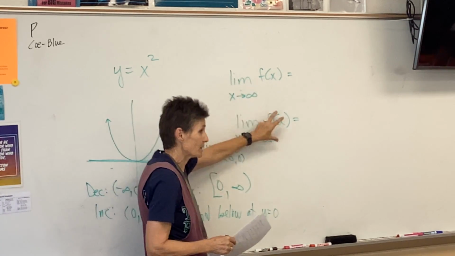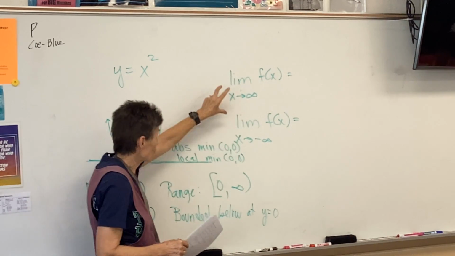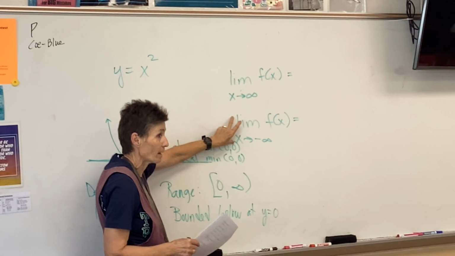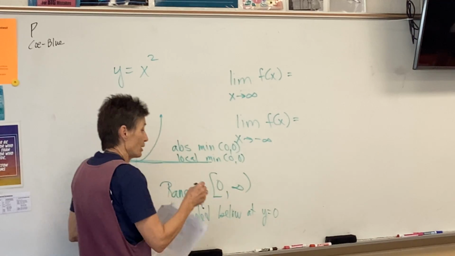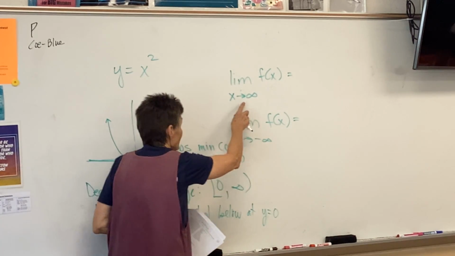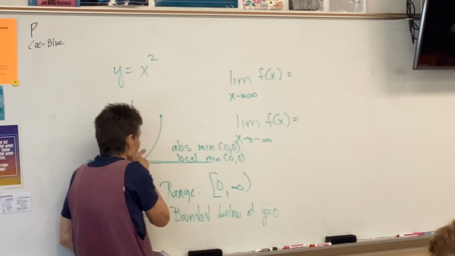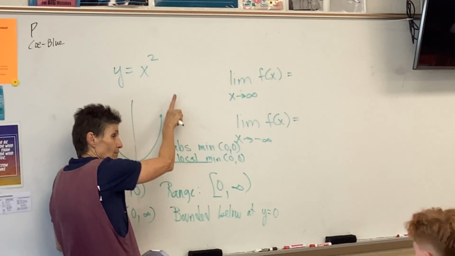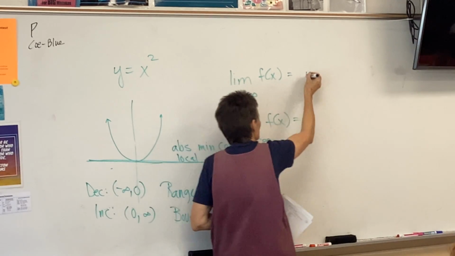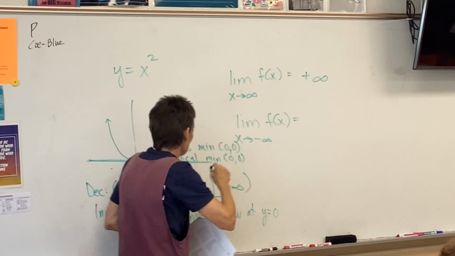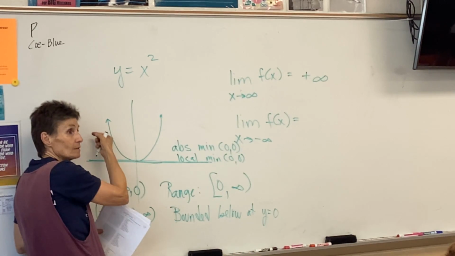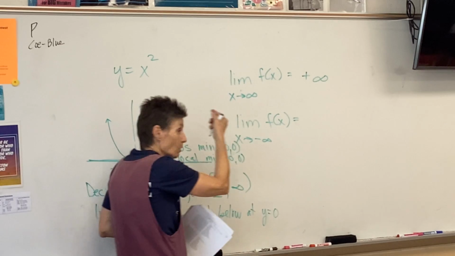If you don't use the right notation, you're going to lose points. So make sure you have your end behavior set up correctly. And then look at your picture. What happens as I go to the right? Positive infinity. What happens as I go to the left? Also positive infinity.